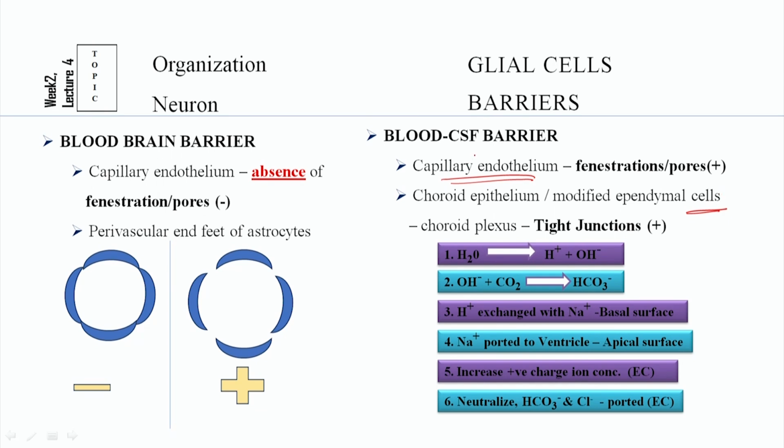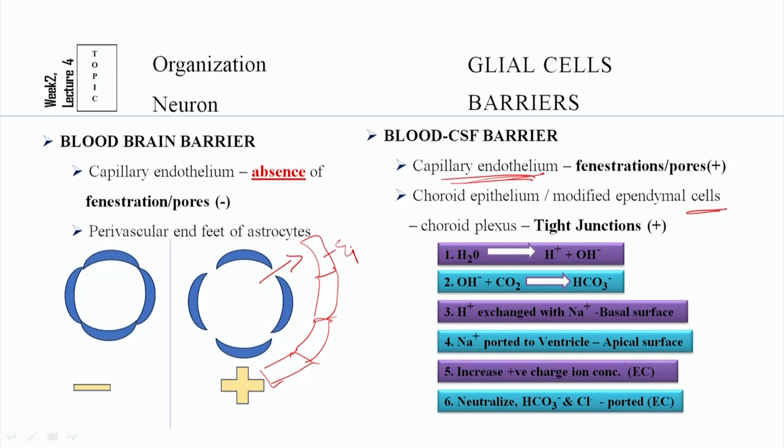Now in the blood-CSF barrier, first, the capillary endothelium has fenestrations or pores. Since there is a pore, how will it become a barrier? It may not, right? So that's why the next level, the cells which cover the blood vessel, are the ependymal cells.